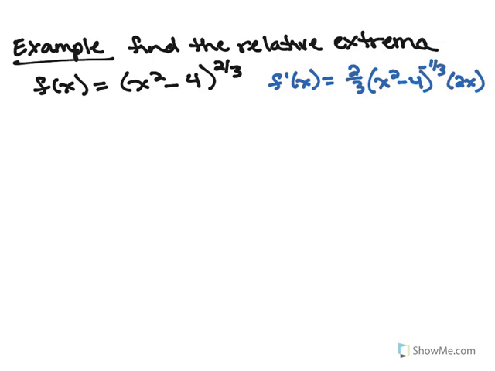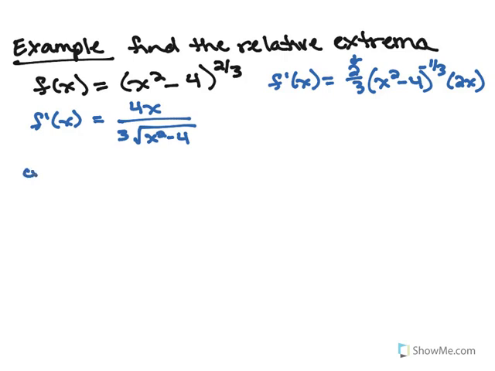Okay, now we want to rewrite this so we can see a numerator and a denominator so that we can find our critical points where our derivative is equal to 0 or undefined. So I'm going to rewrite this as 4x over 3 times the cube root of x squared minus 4.